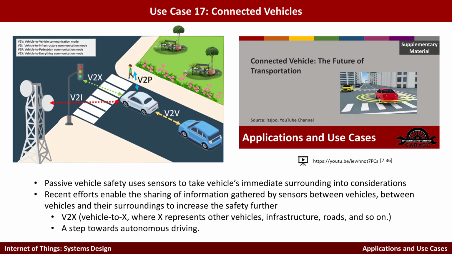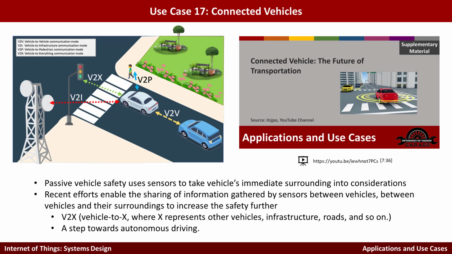This use case focuses on connected vehicles. As you can see in the image, different kinds of communication happen within the connected vehicles domain. First, it could be vehicle to pedestrian, or vehicle to vehicle, or vehicle to infrastructure, or vehicle to anything else, like traffic lights.